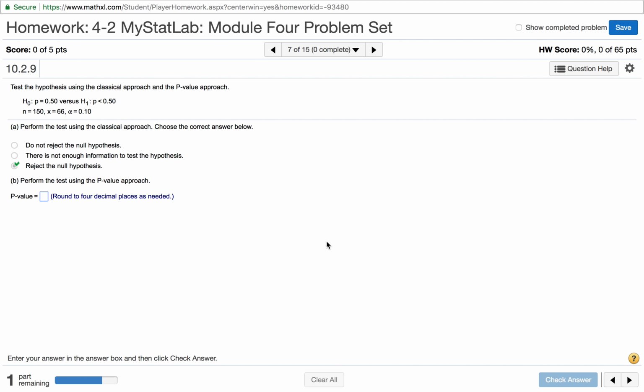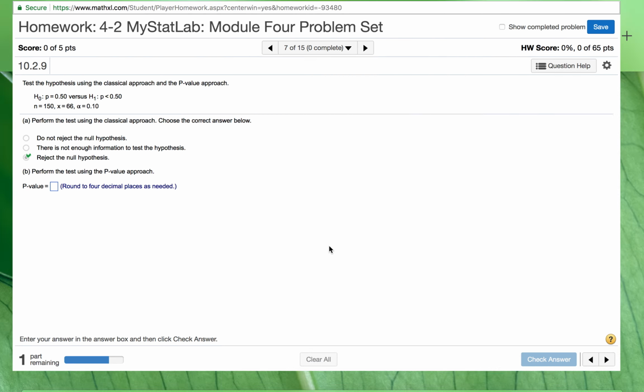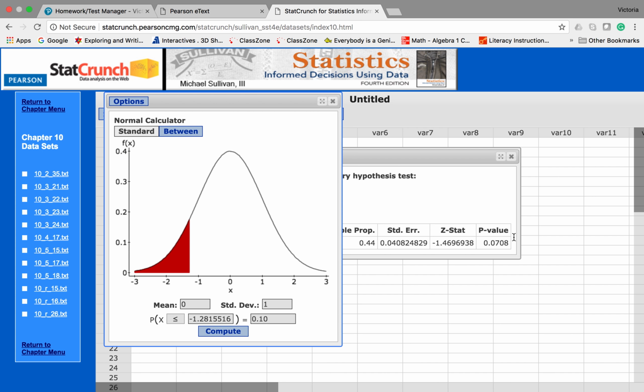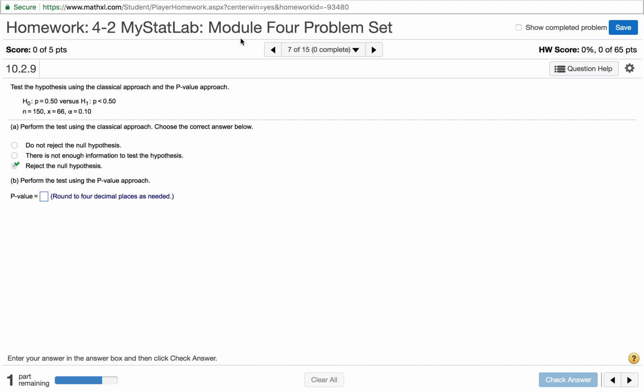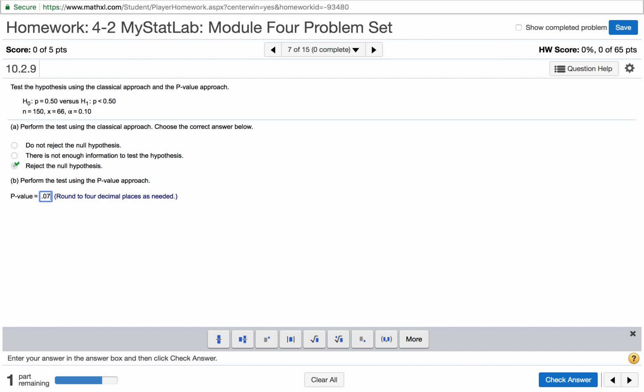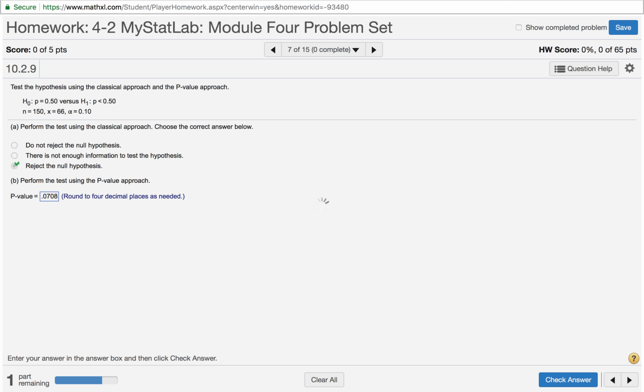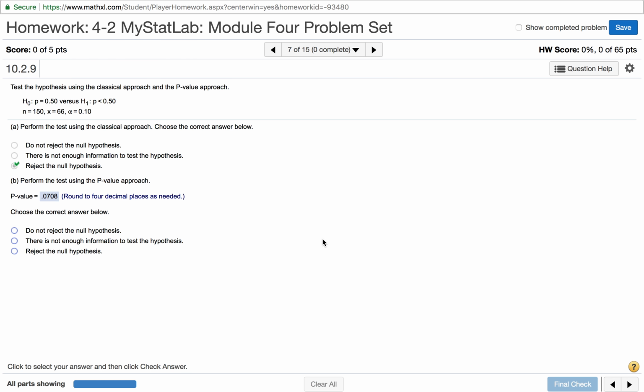Now next they want us to use the p-value approach. What's nice is you already calculated the p-value. If I go back here, my p-value is 0.0708. I need to round to 4 decimal places, which I already have, so 0.0708. Press enter. Now for your p-value approach, you're saying, is p less than alpha?